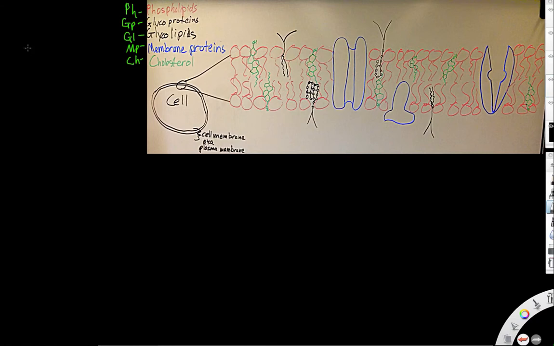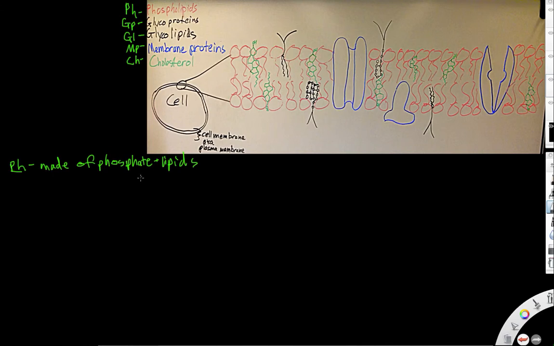And so let's talk about the different features of these groups. Our phospholipids are made of a phosphate and lipids. Kind of simplistic, but that's important.